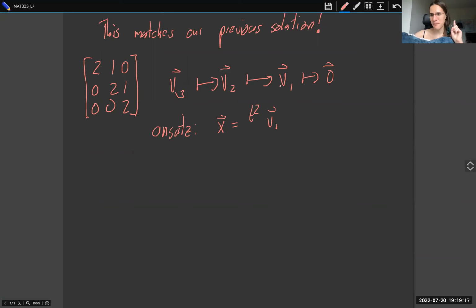If we want this pattern to happen, we're actually going to have to divide by 2. I'll tell you why the 2 is there when we do the calculation and see what this ansatz means. The 2 should be there because otherwise this is going to be multiplied by 2 somewhere. Then t v2, and then v3.